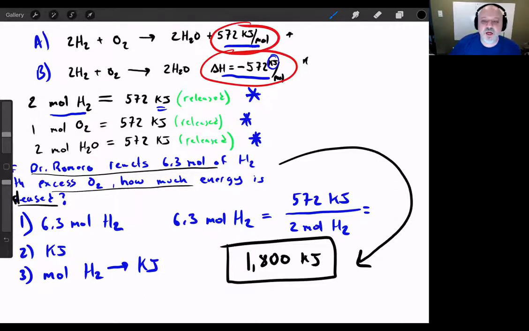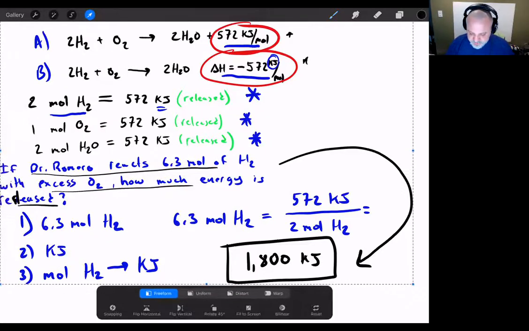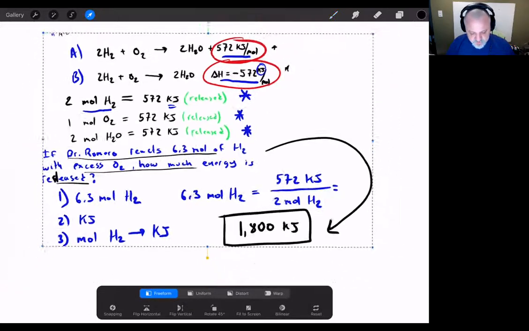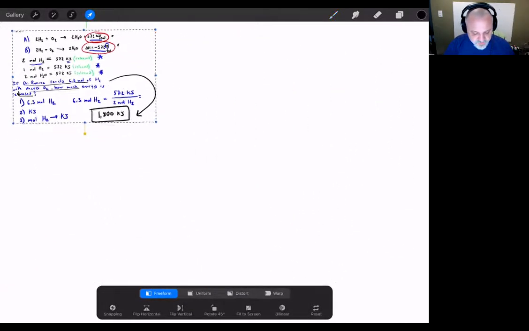No, the word cost already tells your mom that the money in the bank account is going to go down. The word released already tells the reader that the energy went down. Okay, and so this is what you're going to use to complete that assignment. You're going to create the thermochemical equation based on the information that it gives you, and you're going to calculate energy released or absorbed.